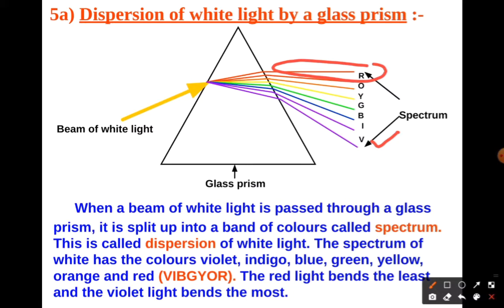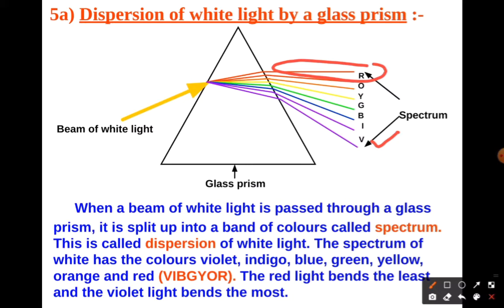You have to keep that in your mind. I repeat once again, the speed of light decreases in a transparent medium because light of different colors, that means different wavelengths, travels with different speeds in different mediums.